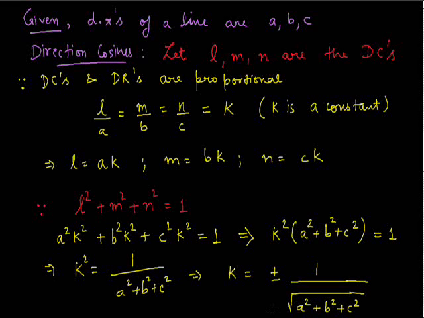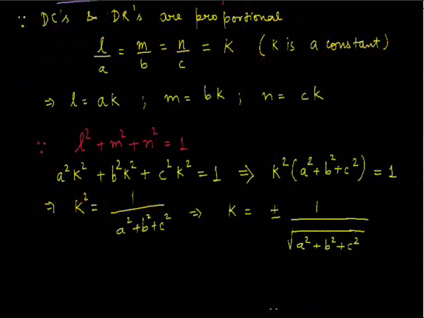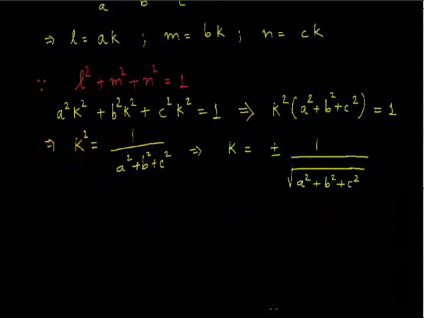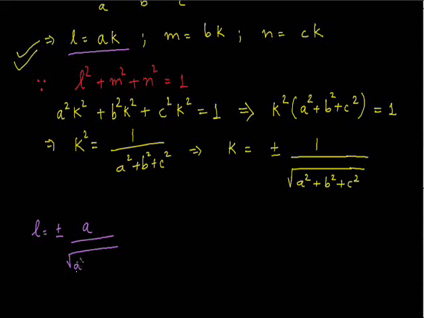We need to find the values of L, M, and N. From the earlier step, L equals AK, so L equals plus minus A upon under root A square plus B square plus C square.